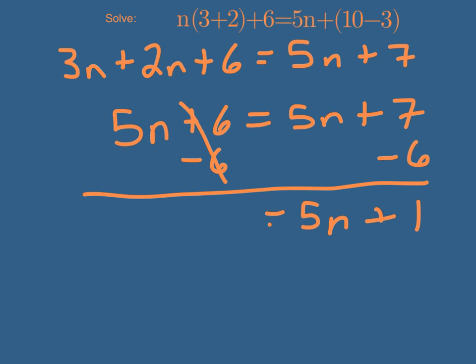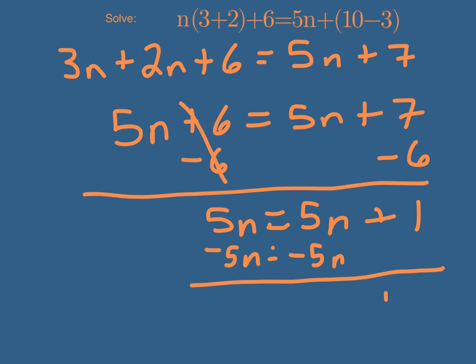And then on my left side, I only have a 5n left. And then I need to get my n's on the same side, so I'm going to minus 5n here, minus 5n here. Well, a 5n minus a 5n is 0, and on this side it's 0.